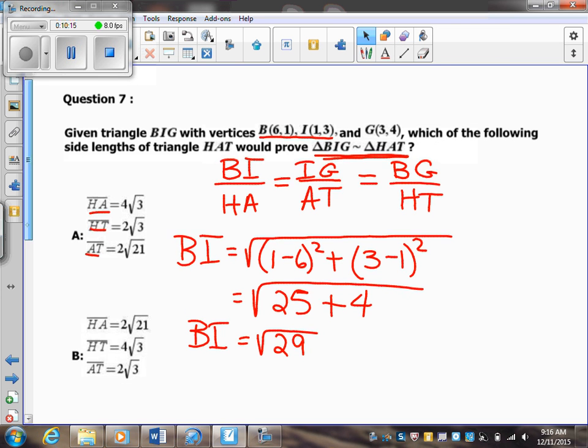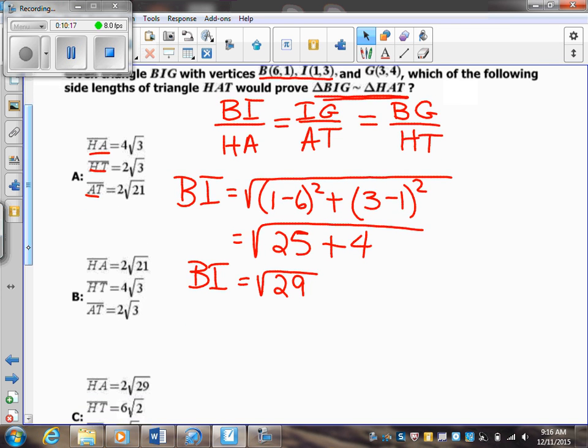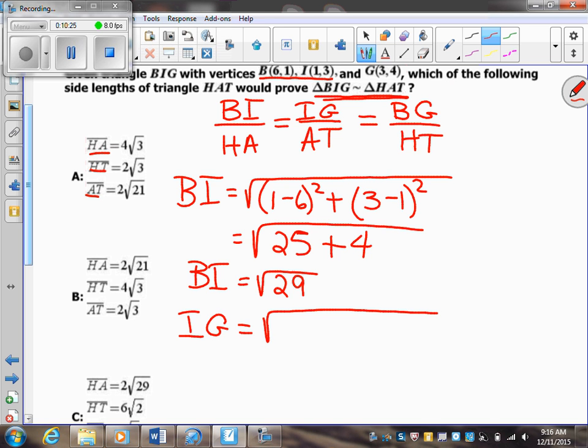Then I need to do the next one, which is IG. So IG is the square root of I to G. So it's going to be 3 minus 1 squared plus 4 minus 3 squared.